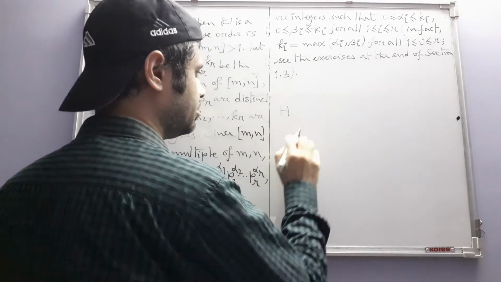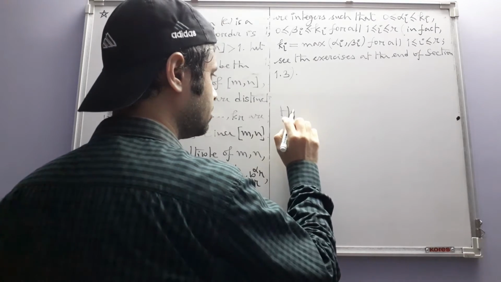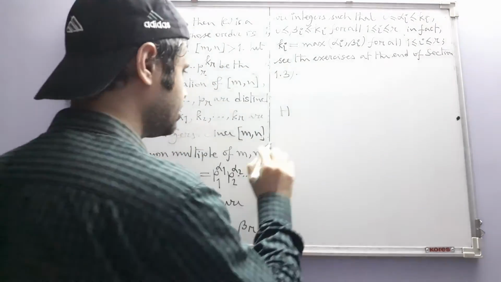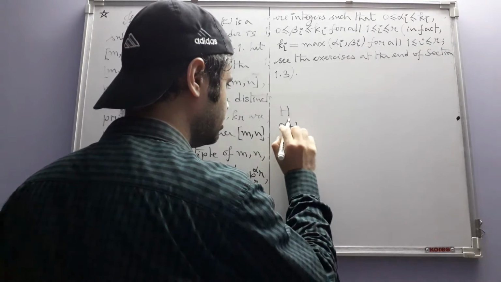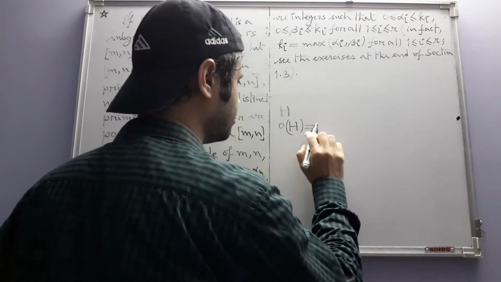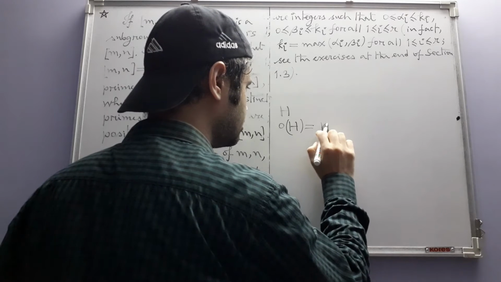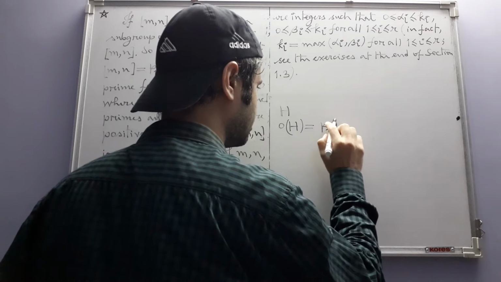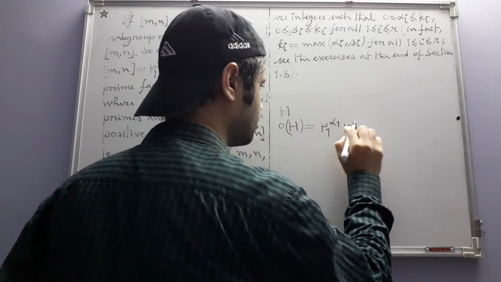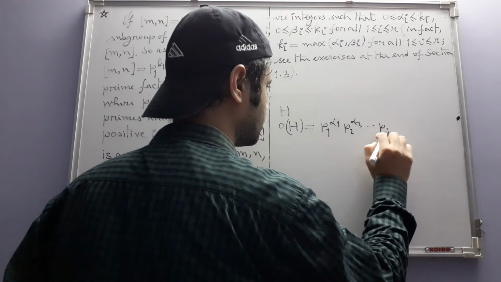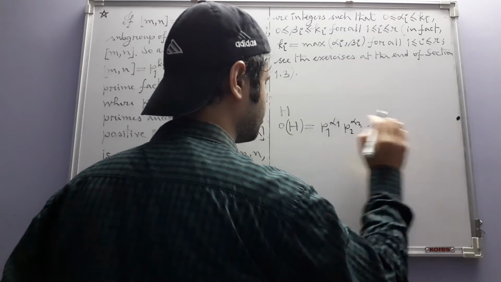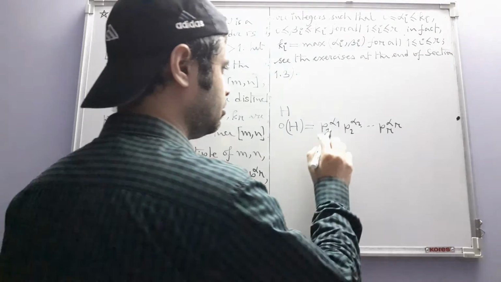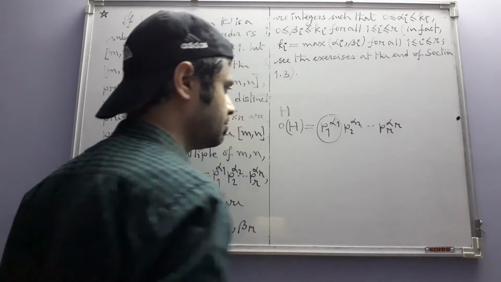Now we have H, right? H is an abelian group, and we already know that H is a finite abelian group, and its order is this. Sorry, it's not K1, it's alpha 1, alpha 2 up to alpha r. Okay, we start with the first prime.